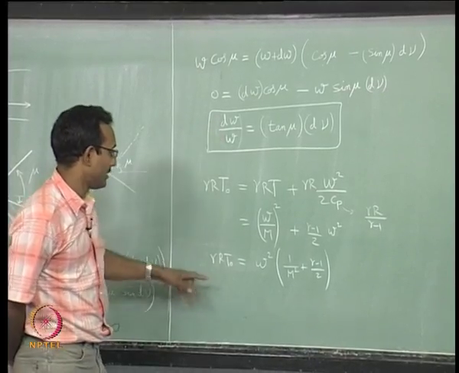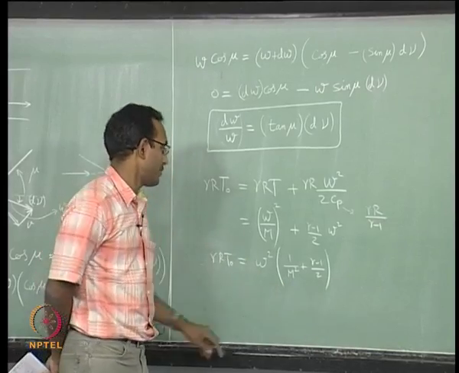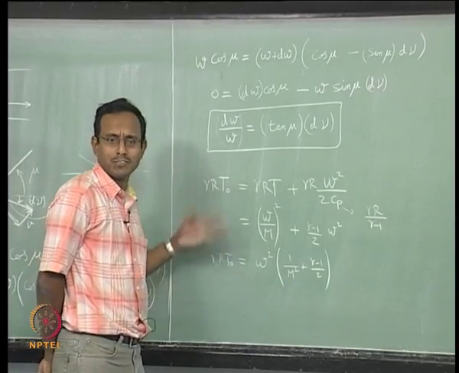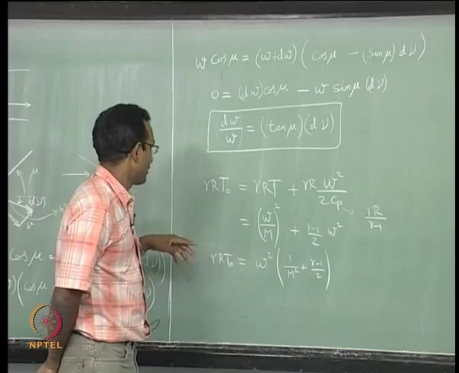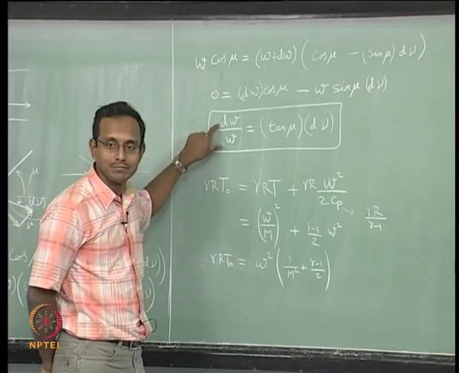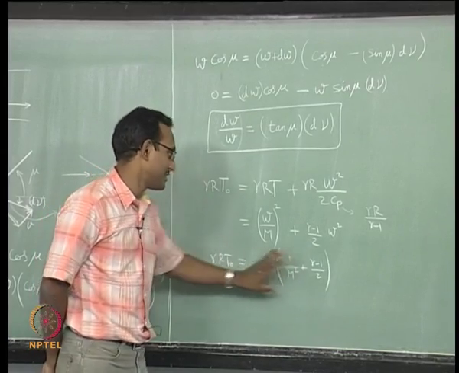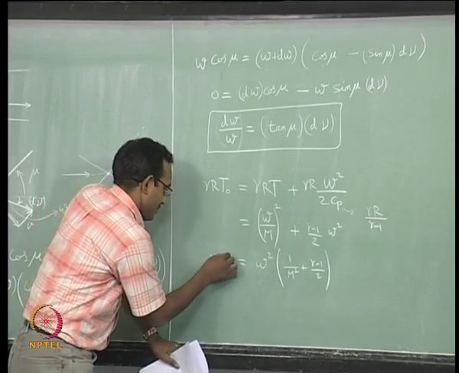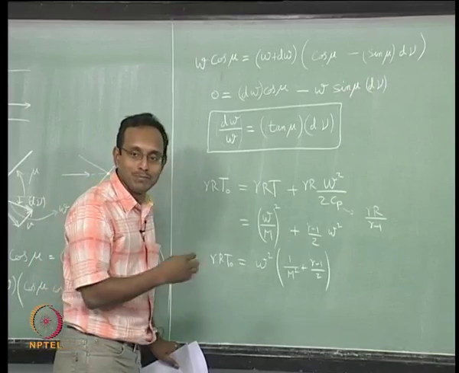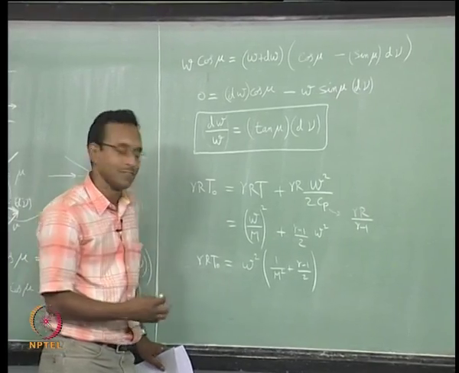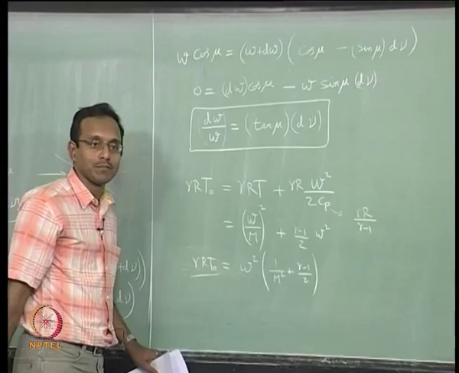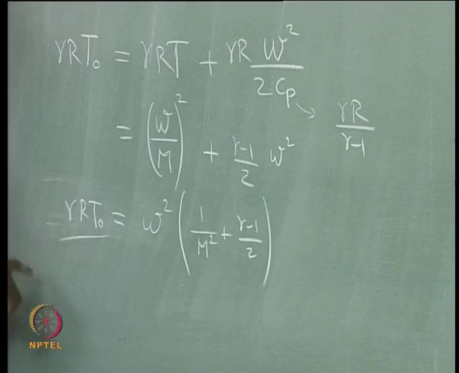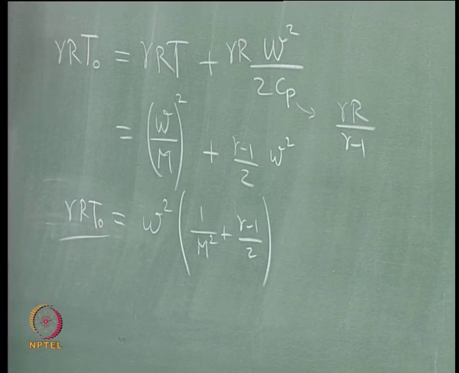If I take this expression and differentiate this with respect to any variable, then I will get a dw from there. So that is what I am going to do, I am going to differentiate this expression. And I know that it is almost isentropic problem, so my t naught does not change, gamma r t naught does not change for me. So when I differentiate this side of this equation, this is going to be 0.